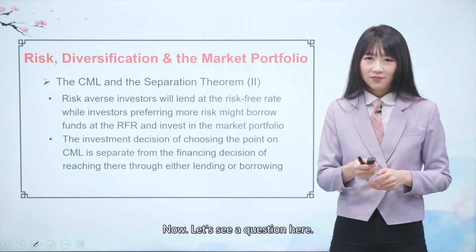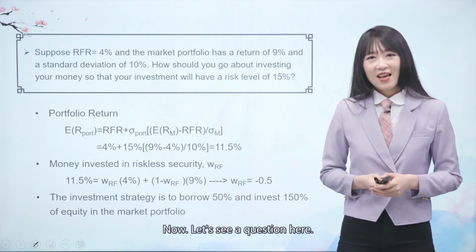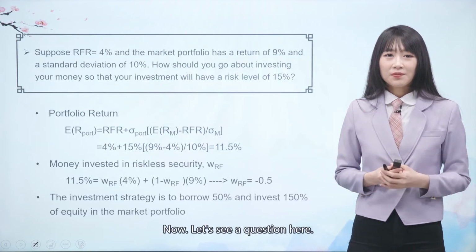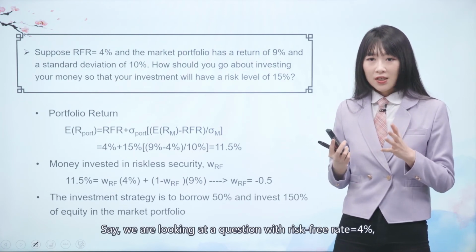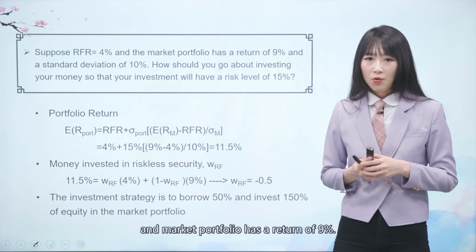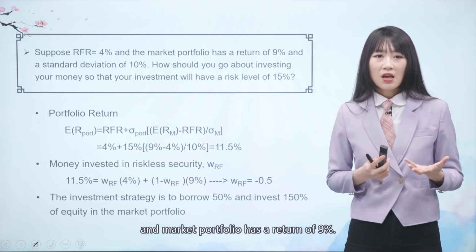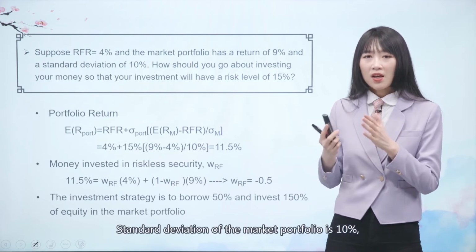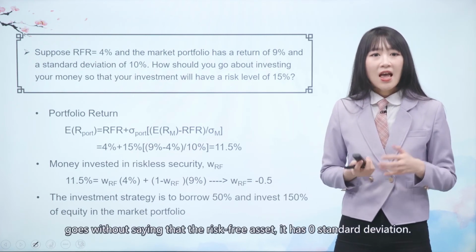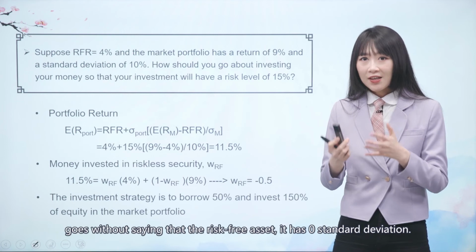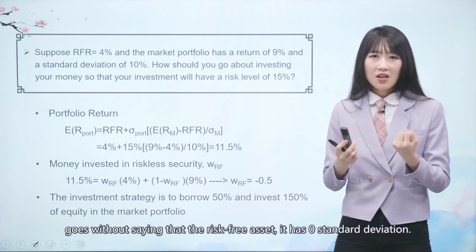Now, let's see a question here. Say we are looking at a question with a risk-free rate equal to 4% and a market portfolio with a return of 9%. The standard deviation of the market portfolio is 10%. It goes without saying that the risk-free asset has 0 standard deviation.